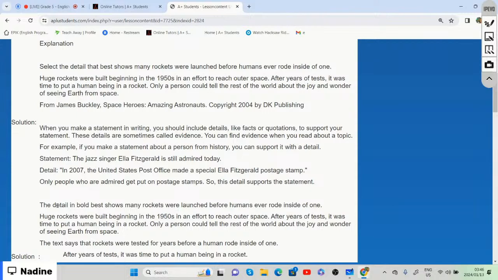And the detail about that is in 2007, the United States Postal Service made special Ella Fitzgerald postage stamps. All right. So only people who are admired get put on postage stamps.